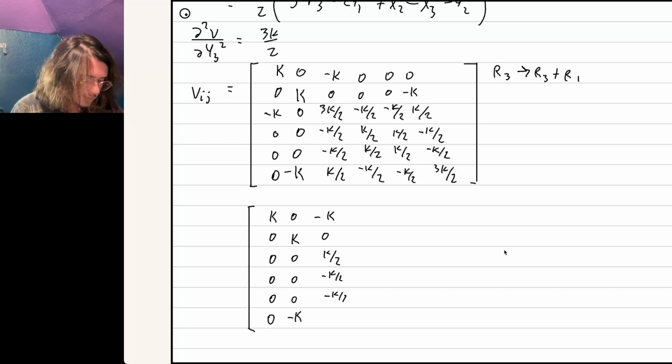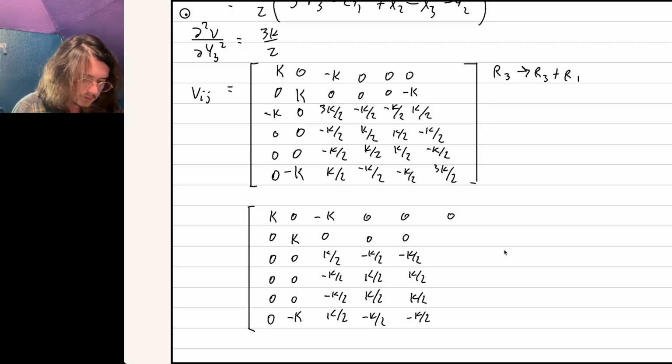Everything else is the same. 0, 0. 0, 0. 0 minus k, k over 2, minus k over 2, minus k over 2, 3k over 2. All right.